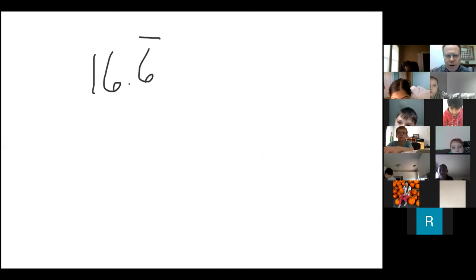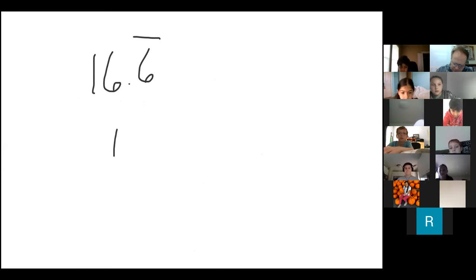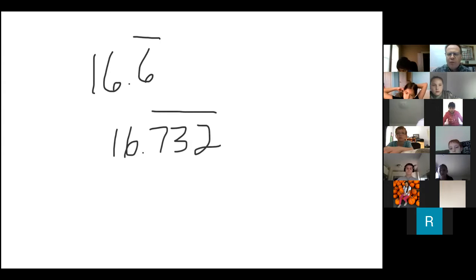When you put a bar over it on the decimal side, that means it repeats. Sometimes it'll be one number, sometimes maybe 3 numbers that repeat, but whatever part repeats, you put a bar over it, and that tells you it repeats those same numbers for the rest of the time. That's not something you'll use this year or next year. You'll probably get into it starting in 7th grade.